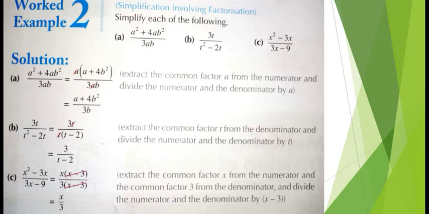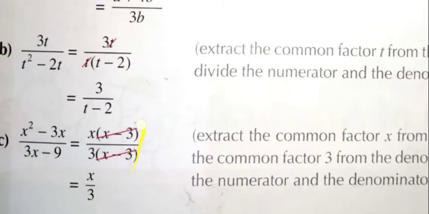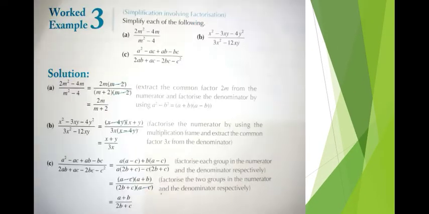Because the purpose of this question is to simplify, you will most likely end up with the same thing in the bracket, so you can cancel out the thing inside the bracket pretty easily. So you have x over 3 only.